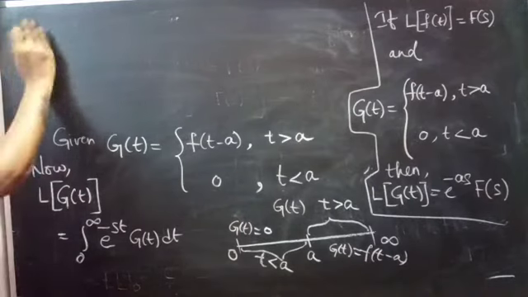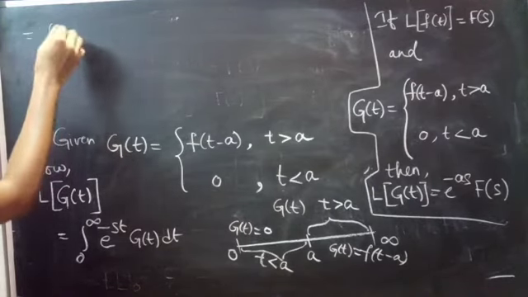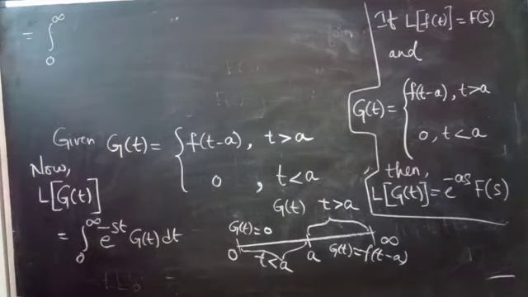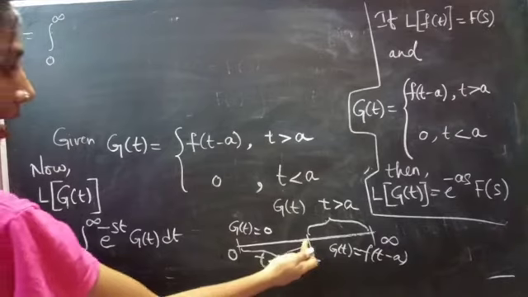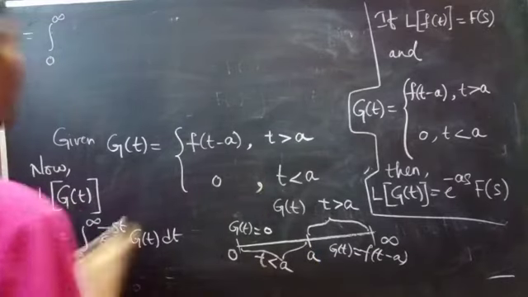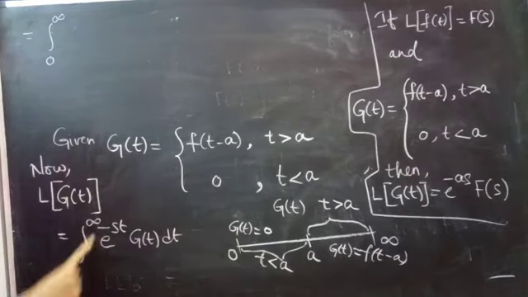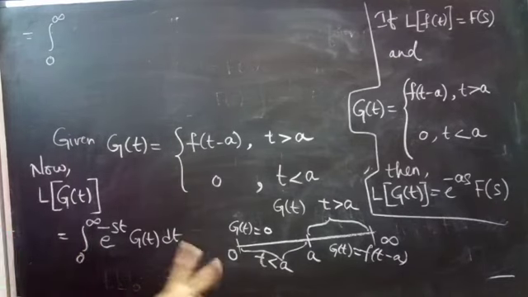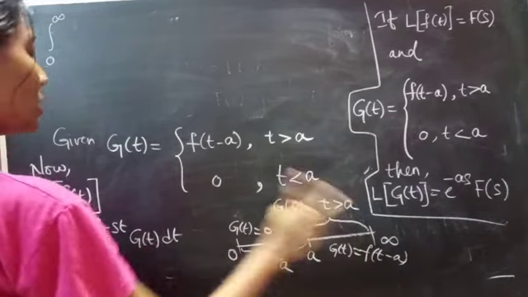Now, this is equal to the integral from 0 to infinity. We split this integral from 0 to infinity as 0 to a and a to infinity. We'll split this single integral into two integrals. 0 to a is one integral and a to infinity is another integral.